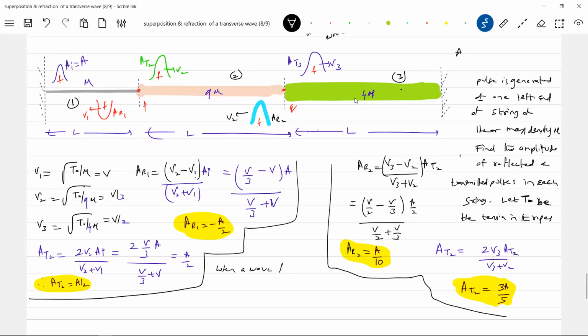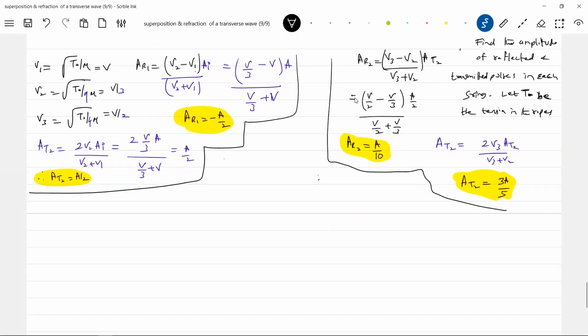When a wave moves from rarer to denser medium, amplitude of... I'll write it next. It looks odd writing here. Let me write here. There's a very important point.